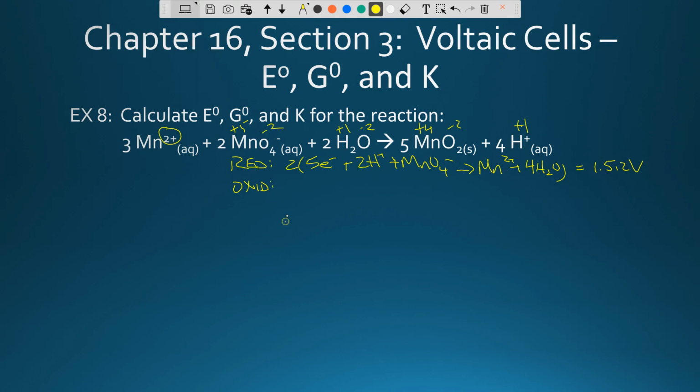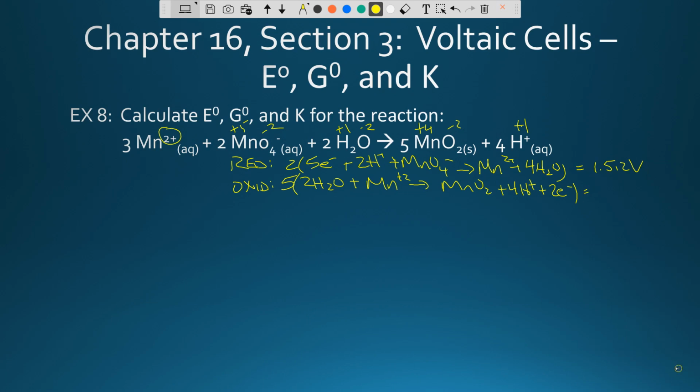Now let's take a look at the oxidation end. And again, you're going to be given these values for the reduction potentials and everything, so be able to read your charts. So I have manganese ion, and in this case, it's being oxidized into my manganese oxide, and I get 4 hydrogen ions and 2 electrons in here.